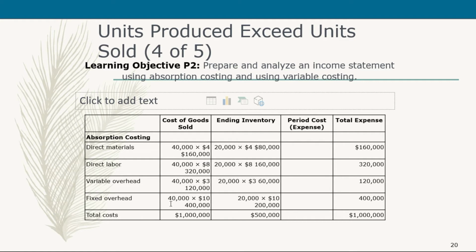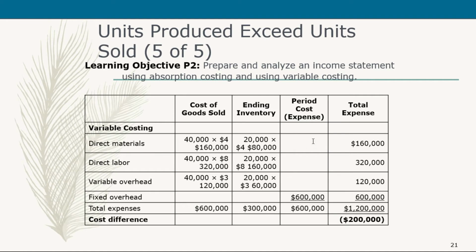So the units here are all 40,000, and we only multiply it by your unit cost per element. Same goes for your ending inventory, that is 20,000.